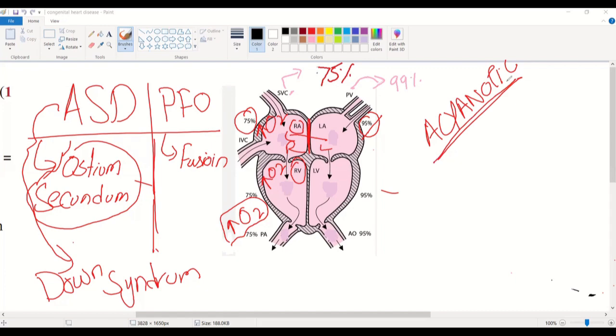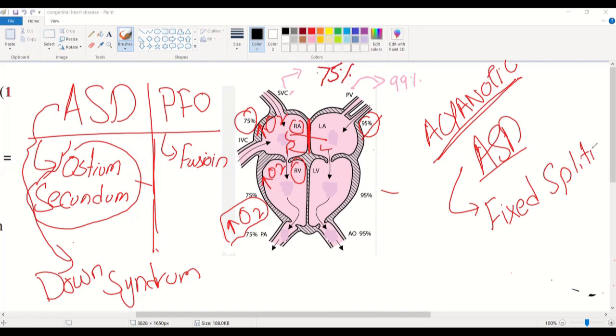So the most high yield question: what kind of splitting takes place in ASD? It is fixed splitting of the S2 sound.